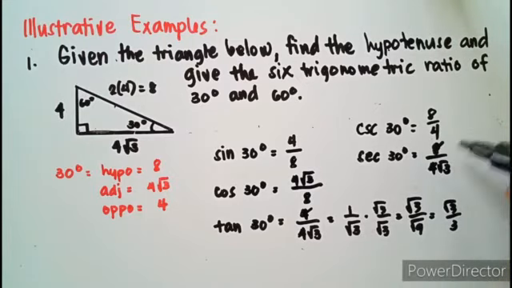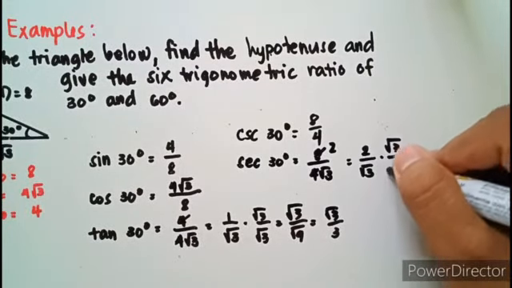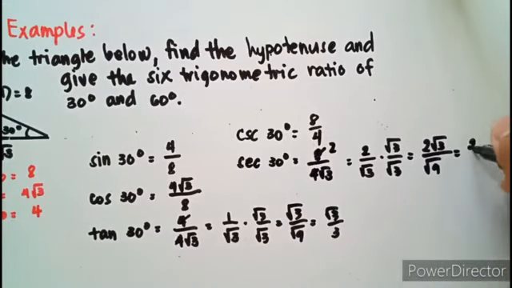So cancel, that is 2, so it is equal to 2 over square root of 3. Then we are going to rationalize by square root of 3 over square root of 3. So that is equal to 2 square root of 3 over square root of 9, and that is equal to 2 square root of 3 over 3.